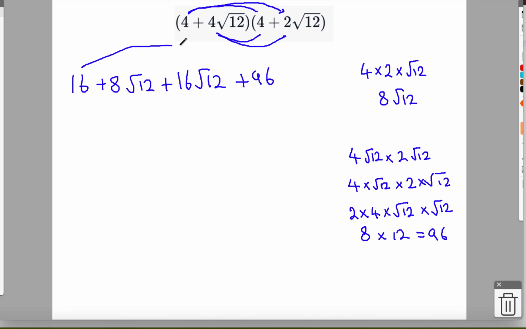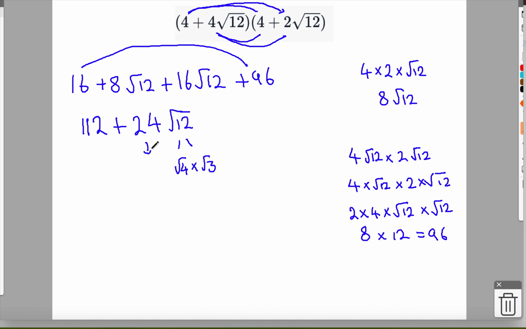So when I'm adding these together, I add my numbers together, which 16 plus 96 gives me 112. Plus 8 lots of root 12 plus 8 lots of root 12 plus 16 lots of root 12 is 24 root 12. But we're not quite done there because we've got to simplify that root 12. That root 12 can be split up, can't it? Into root 4 multiplied by root 3.